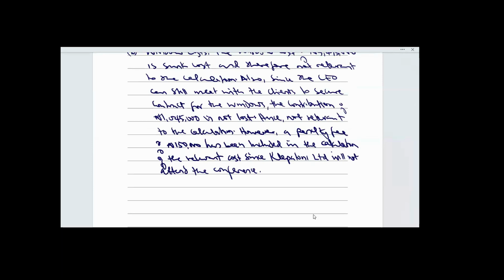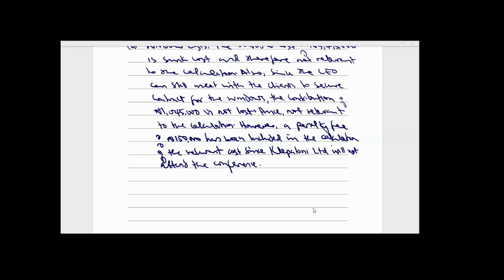Finally, in that same paragraph, the chief executive salary of 41,400,000 is not relevant.